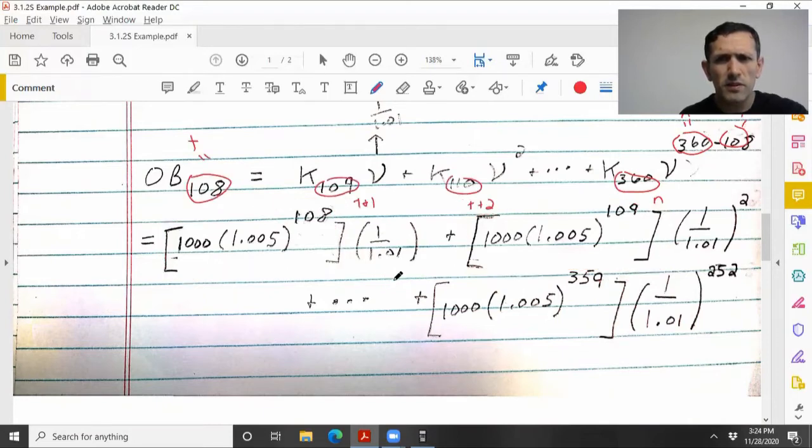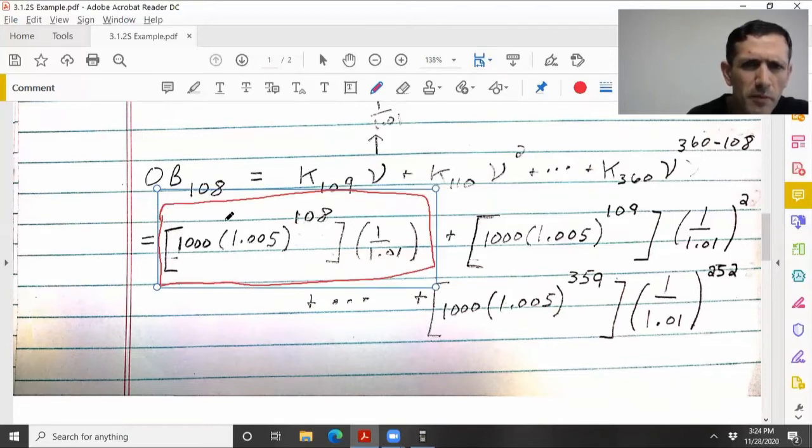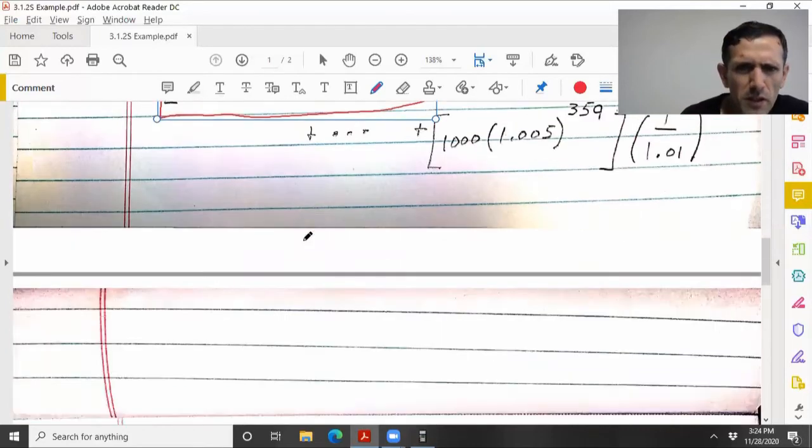Sorry about that. I'm going to factor this term out from everything, and if you do this carefully, you'll get a nice, easy-to-sum finite geometric series.